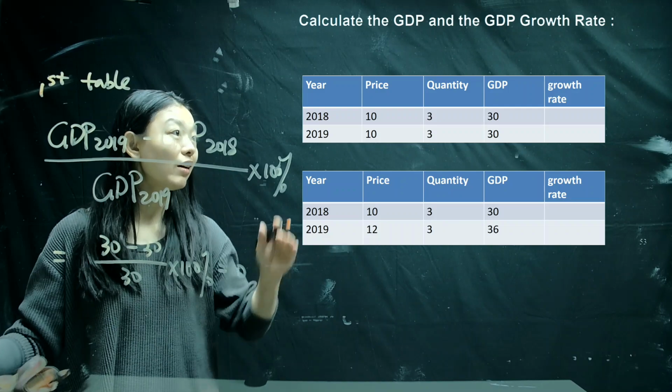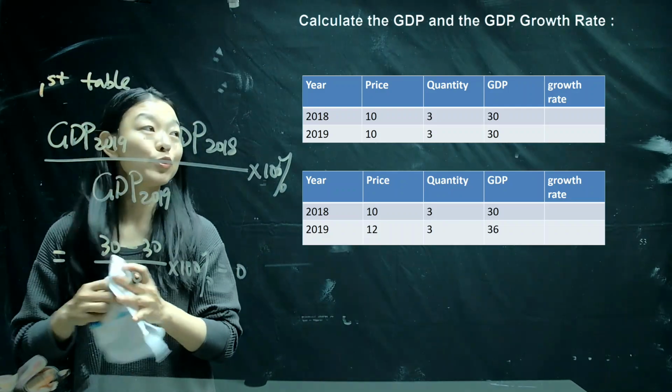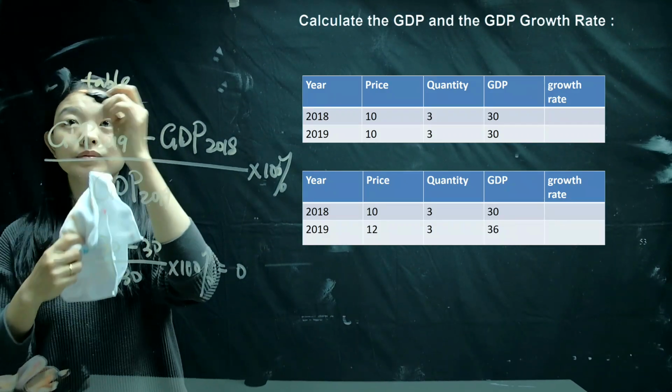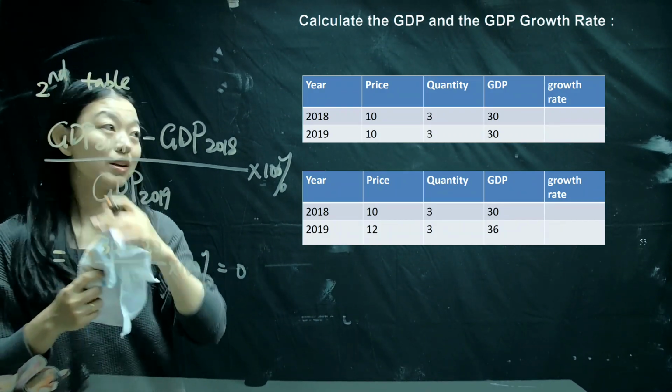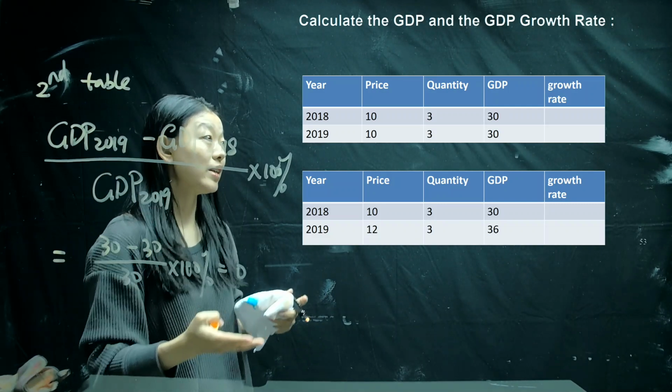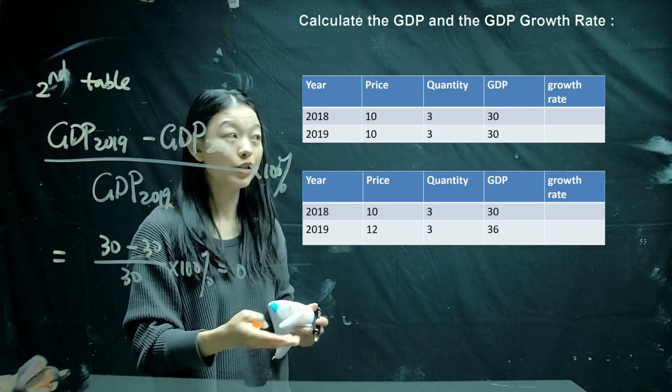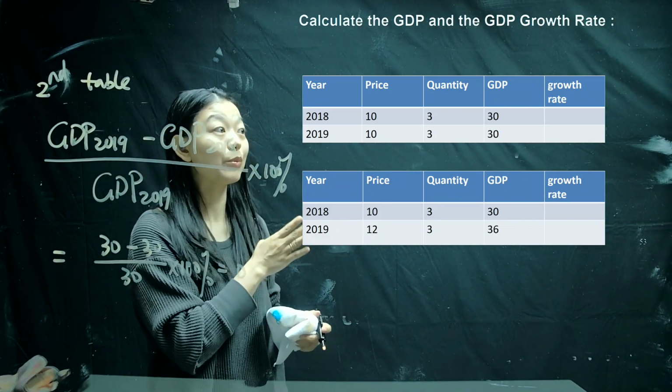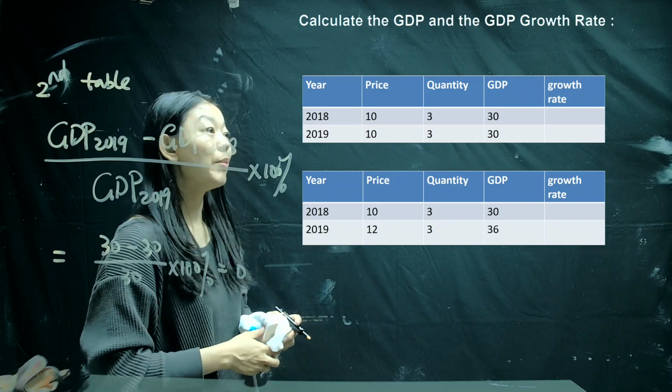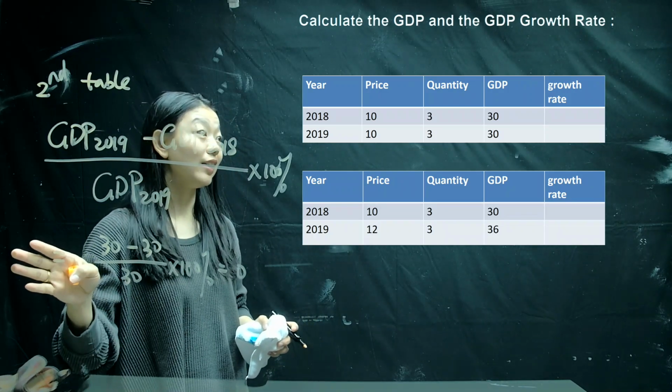Now let's look at the second table. Things will be a little bit different. In 2018, the GDP still equals 30: price times quantity, 10 times 3, gives 30. But how about the GDP in 2019?